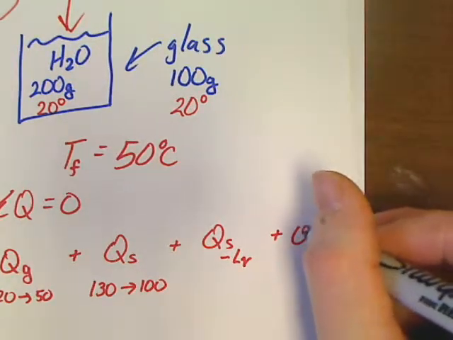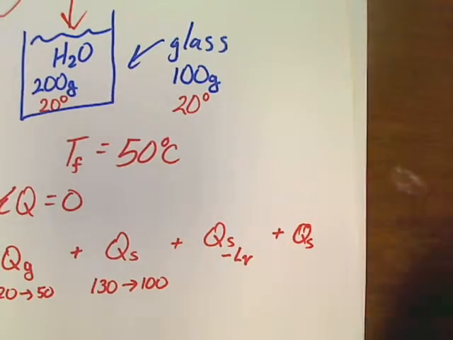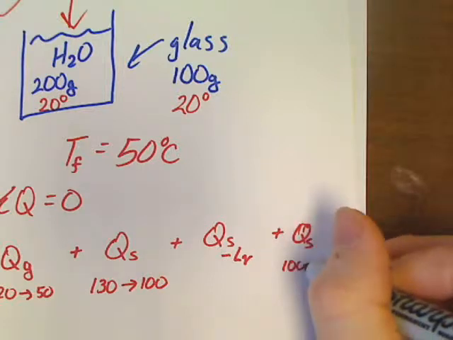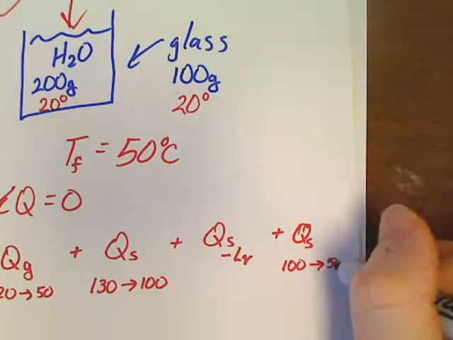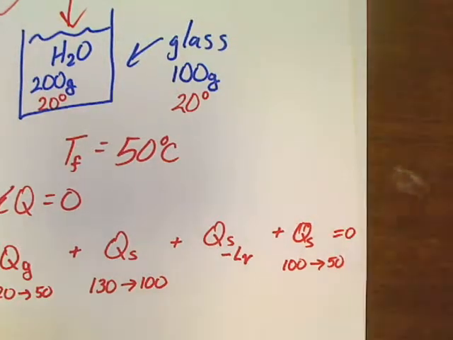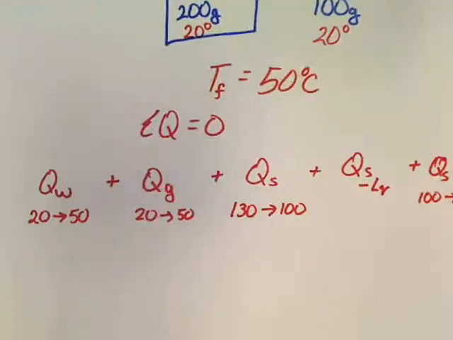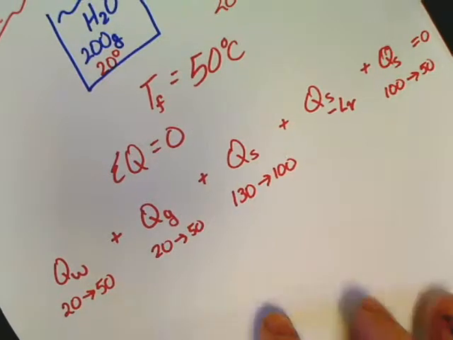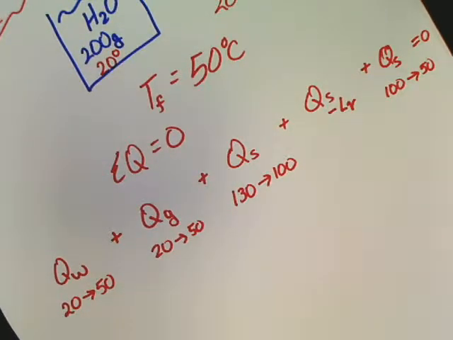Plus Q for the steam. And now this steam, the steam will be 100 degrees, is going to cool off to 50. And the physics is done with this problem. Turn it sideways so you can see it all in its majesty. Tilt your head. It's not that bad.